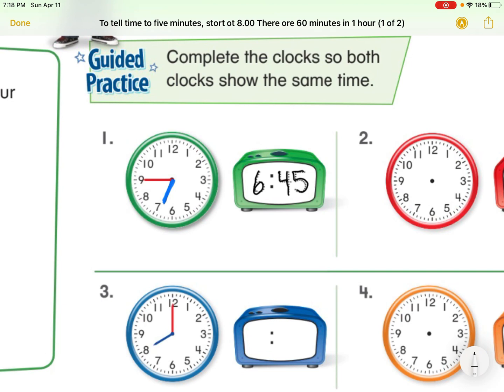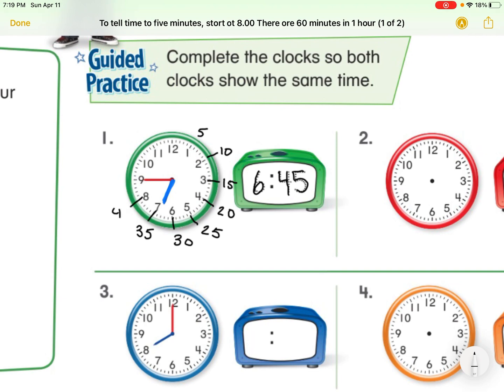So for example, at the 1, we start at 5. The 2 is 10. The 3 is 15. The 4 is 20. The 5 is 25. The 6 is 30. The 7 is 35.